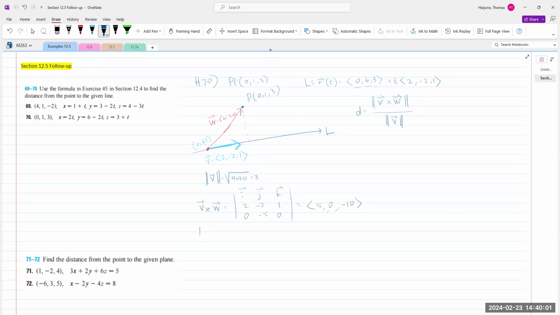Then the magnitude, therefore, is, notice that I can factor 5 out, this is 5 times (1, 0, -2), right? So the magnitude will be 5 square root of 1 plus 4, that's 5 radical 5. Therefore, the distance between that point and that line will be the area of the parallelogram, 5 radical 5, over 3.